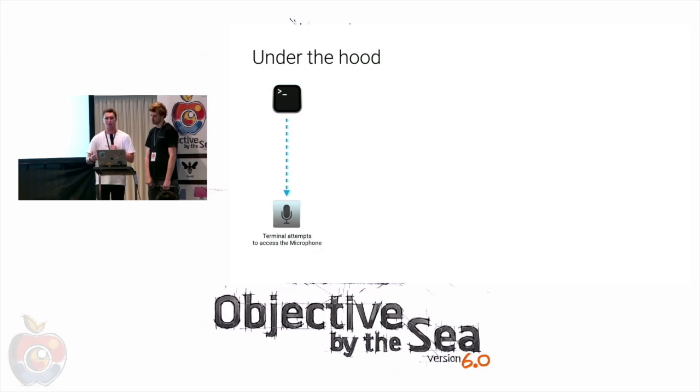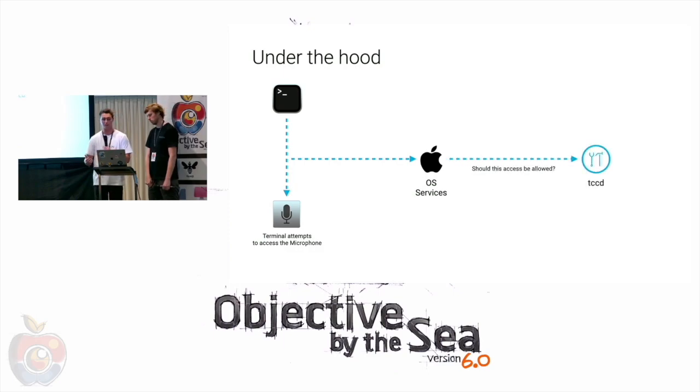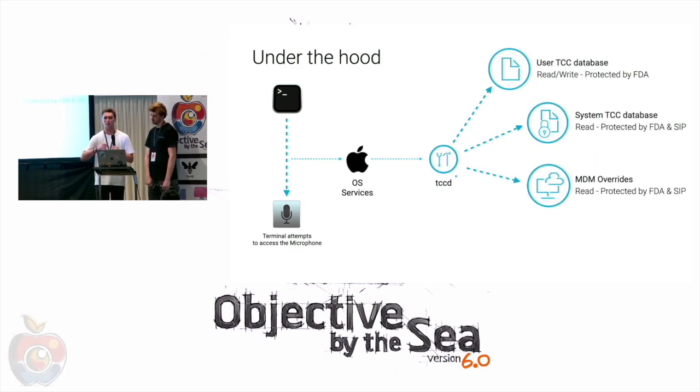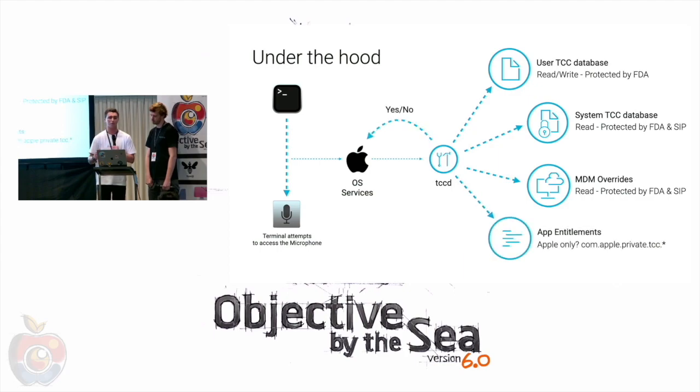So to give an example of what this looks like under the hood at a high level, here we have Terminal wants to access the microphone and makes the request. The operating system steps in, reaches out to the TCC daemon and says, hey, should Terminal be able to access this resource? The TCC daemon then goes out and queries a bunch of on-disk resources that it knows about.